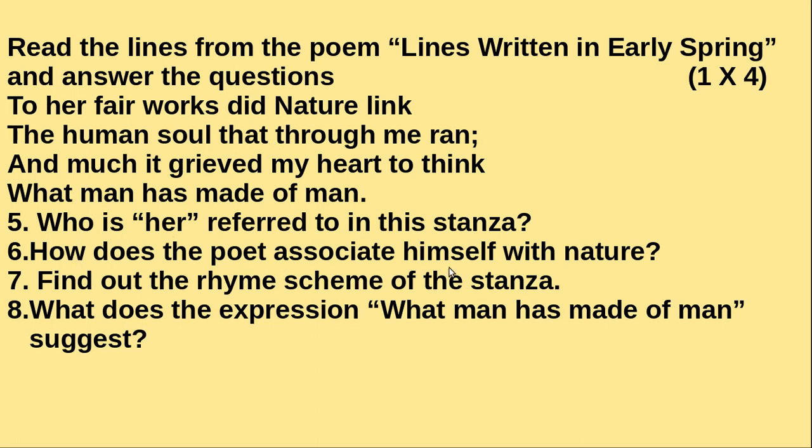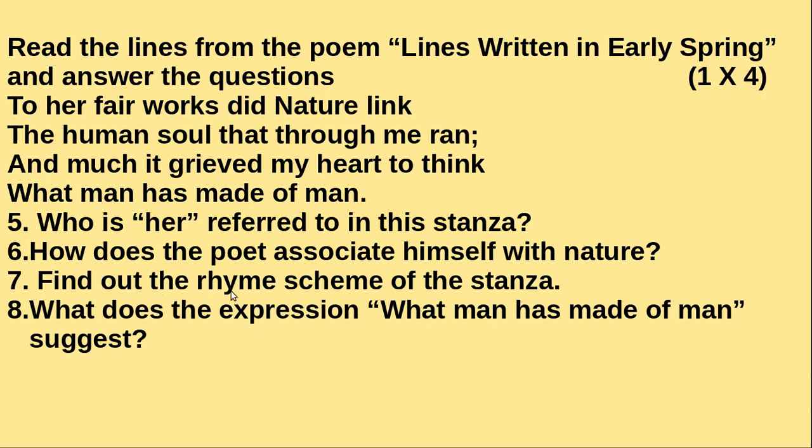How does the poet associate himself with nature? Nature linked his soul, which ran through him, to her fair works. There is a vital relationship between the poet and nature.